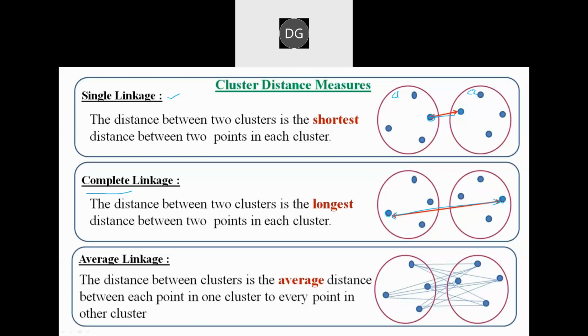In the average method, for each point in one cluster, we find the distance to all the points present in the other cluster, and we find the average of it. That method is called the average linkage method.